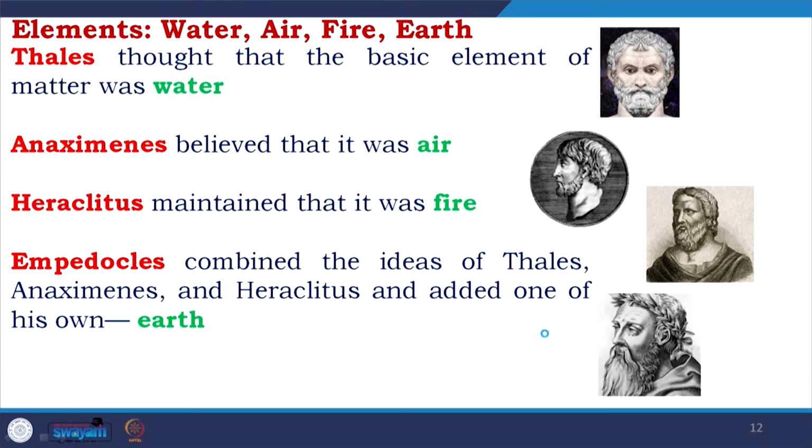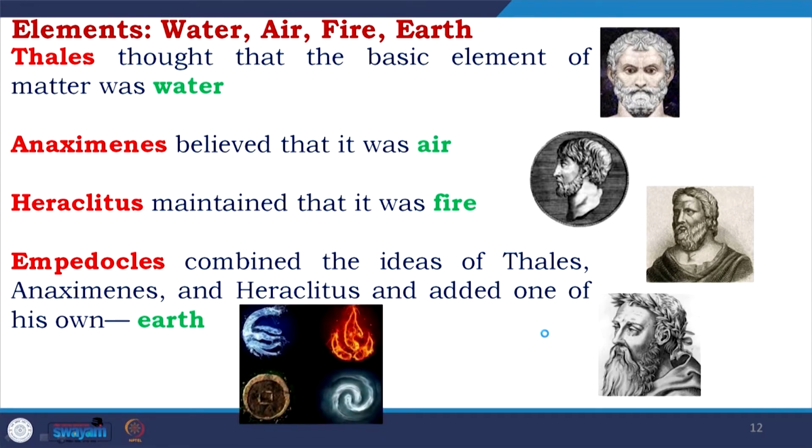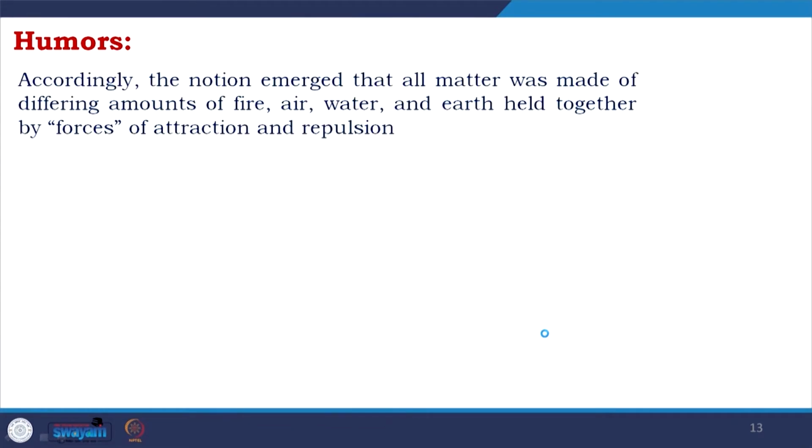So, this is Empedocles and this is the concept of water, air, fire and earth. Those are the four elements they used to think. Accordingly, the notion emerged that all matter was made up of differing amounts of fire, air, water and earth held together by forces of attraction and repulsion.